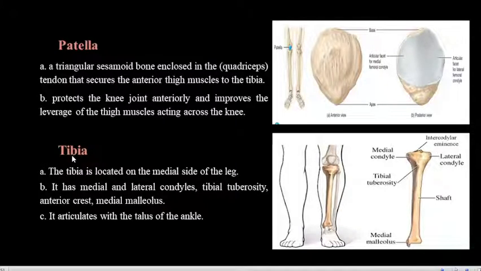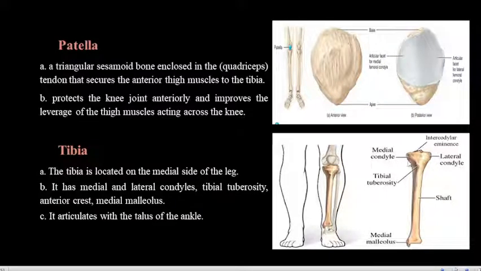Yan siya. And then you have the tibia. So, punta na tayo sa leg portion, ha. Ang leg portion natin merong tibia at fibula, dalawang bones. Yung mas malaking bone is what you call the tibia. Okay? And then, you just familiarize the different parts of the tibia.